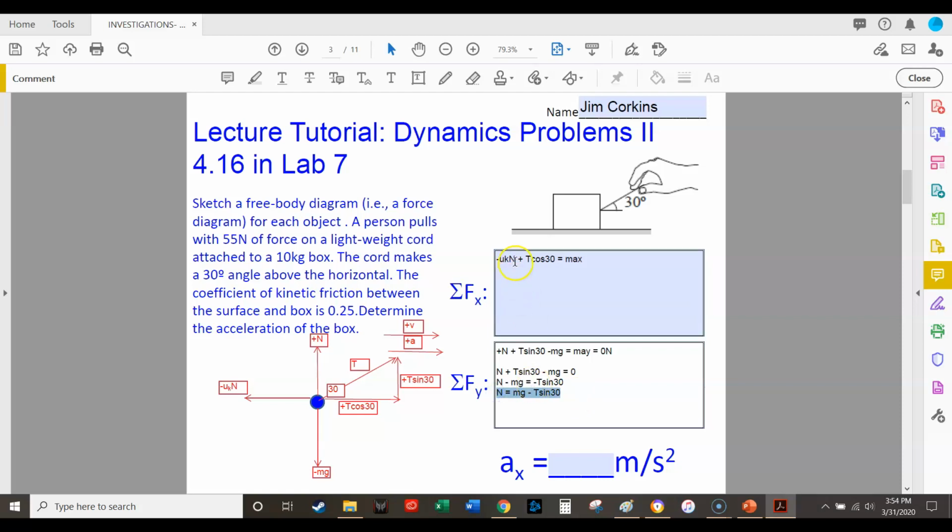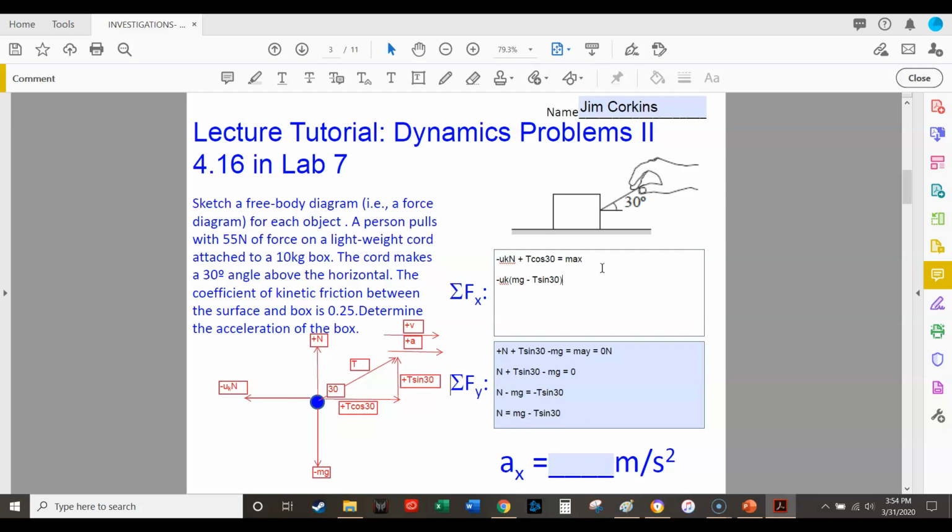So now go ahead and substitute that into right here for this normal force. So when I do that, suppose I should have given this a little bit of room so it looks cleaner. So if I do that, I have negative mu sub k, and now I'm going to put in the normal force, which is mg minus t sine of 30 degrees.